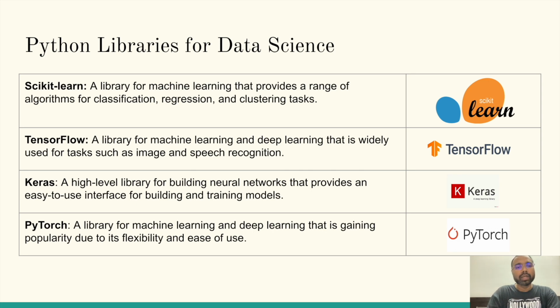The next one is very important: TensorFlow and PyTorch. These two are machine learning and deep learning, but mostly they are deep learning libraries which are used for a lot of different tasks, such as image and speech recognition, then natural language processing.